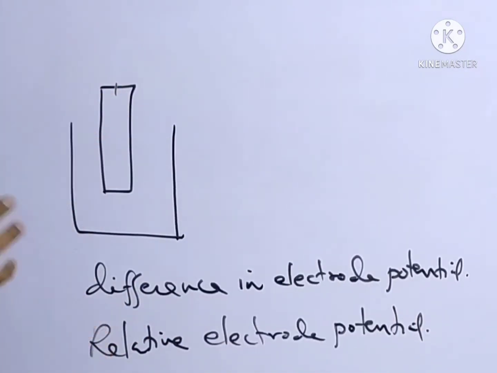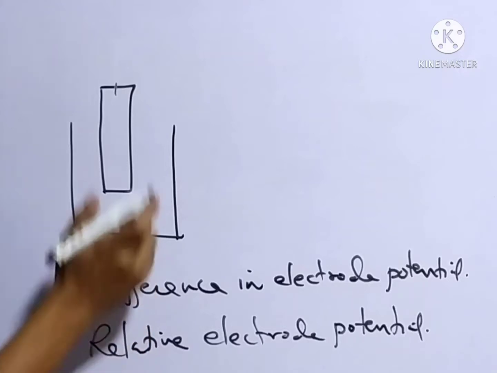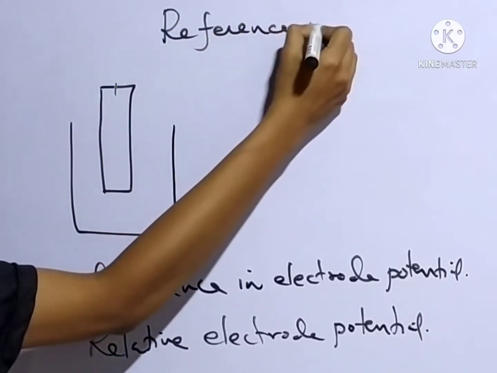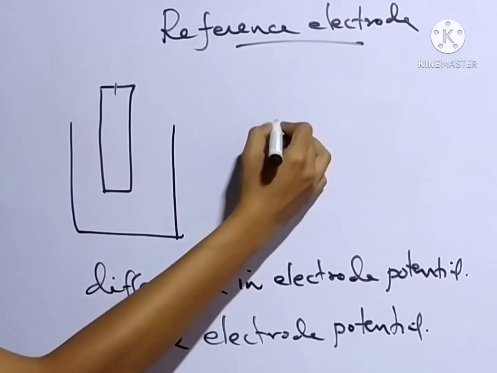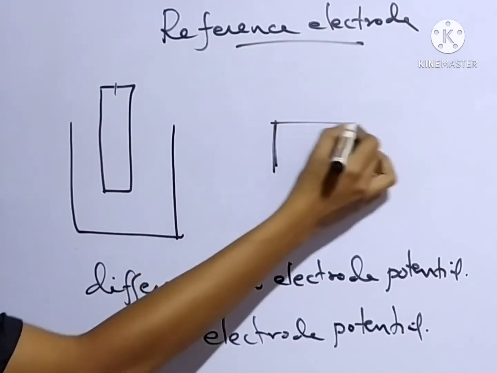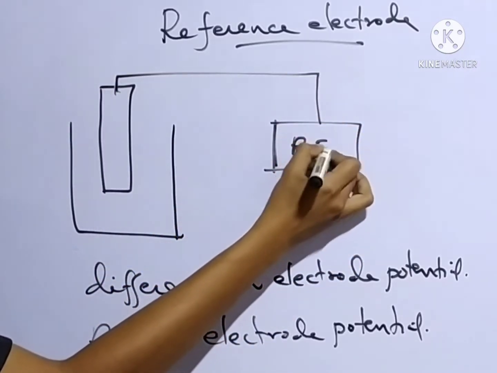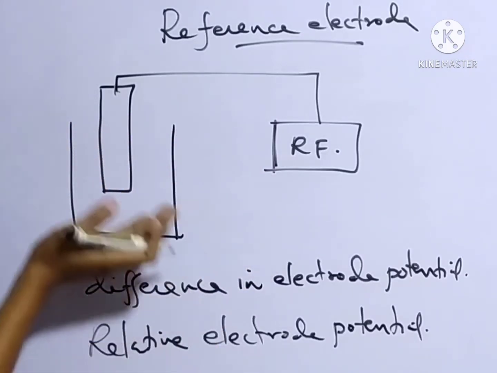The electrodes which we use to find out the relative electrode potential of a half cell or an electrochemical cell are known as reference electrodes. So we connect our half cell with the reference electrode and we can calculate the relative electrode potential of this half cell.